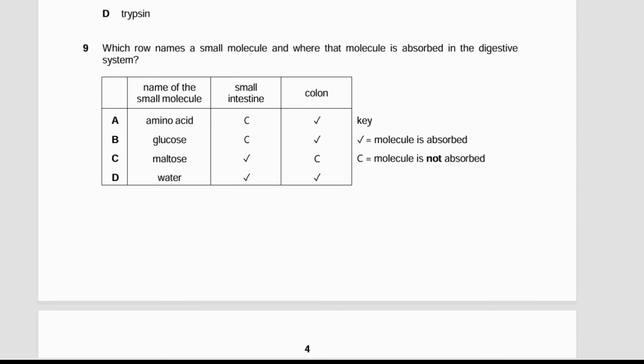So amino acid is not absorbed in the colon. So this one is incorrect. Glucose is also not absorbed in the colon. This one is not the one. Maltose is absorbed in the small intestine. Okay, this can be, but let's see. Water is absorbed in both parts, small intestine and colon. So the most appropriate one is water.